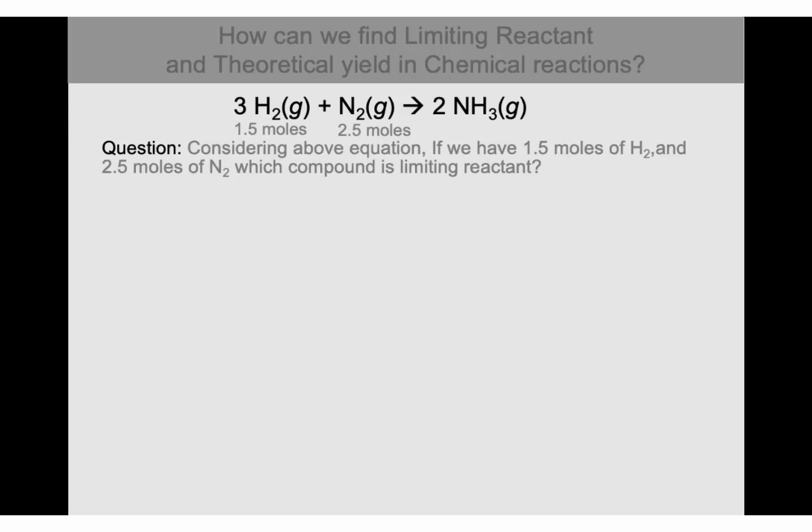If you remember from the flour and eggs to make pancakes, the maximum I could make was 15, right? So when they ask what's the maximum product we can make, they're basically telling you to find the limiting reactant and find the theoretical yield.